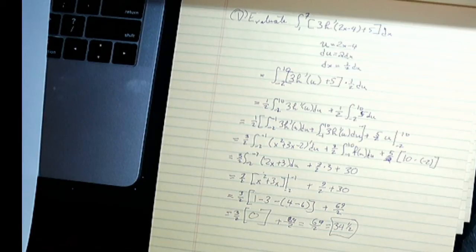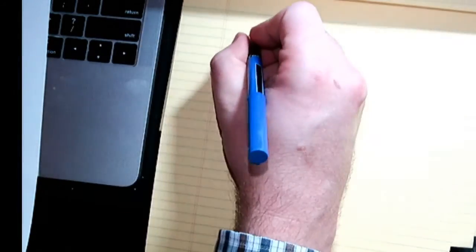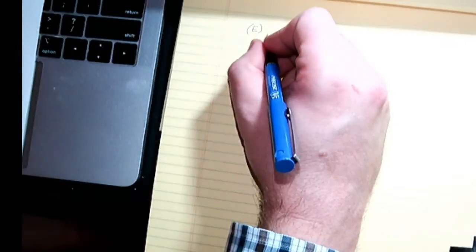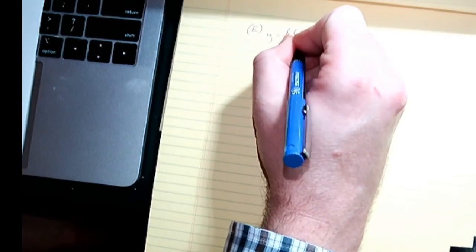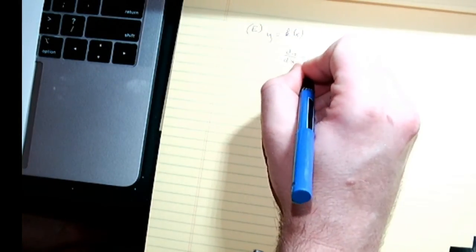Okay, last part of this problem. Part E: let y equals k of x be the particular solution of the differential equation dy/dx equals x prime h prime of x times y minus 1, for x less than negative 1.